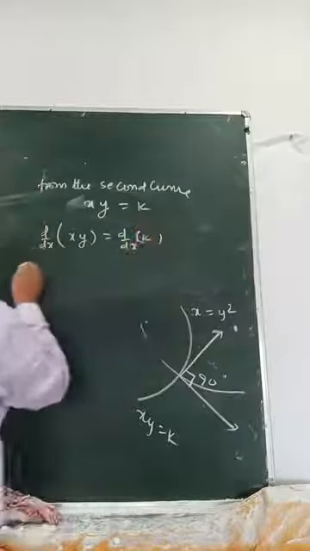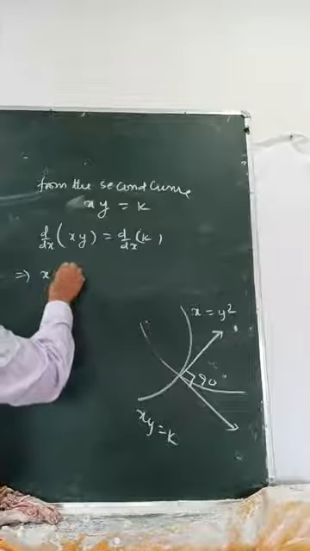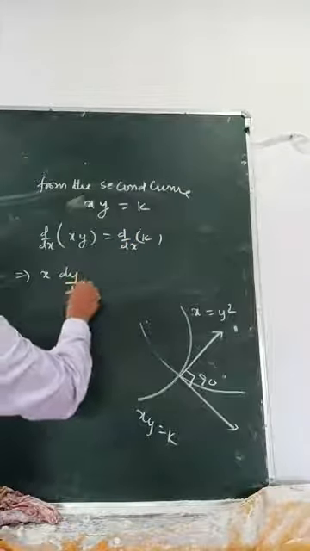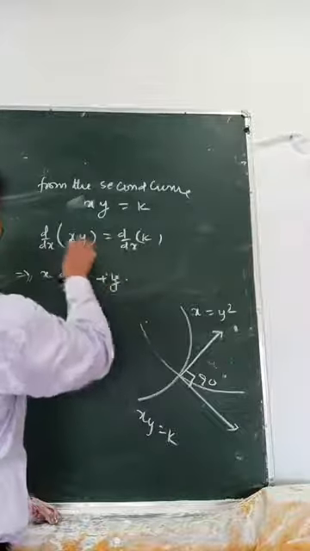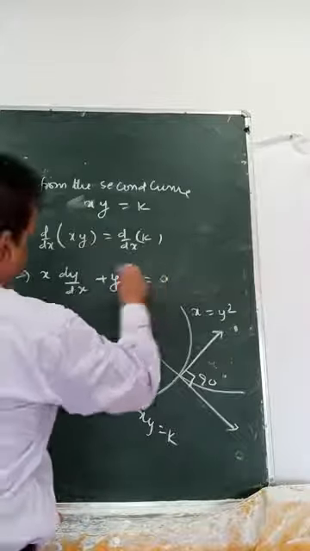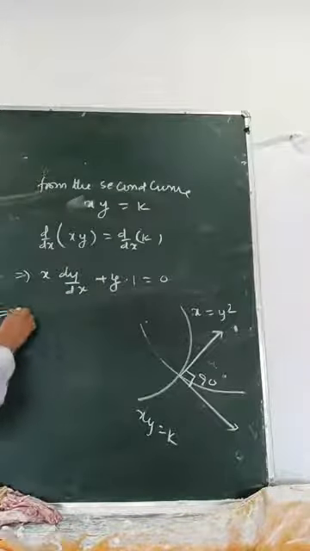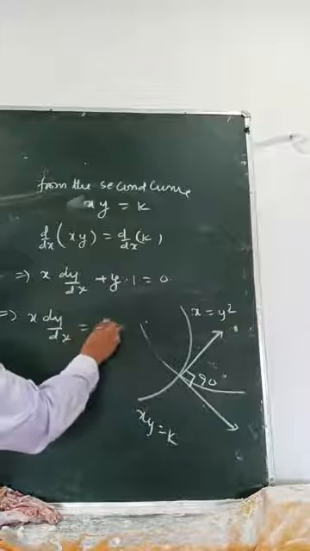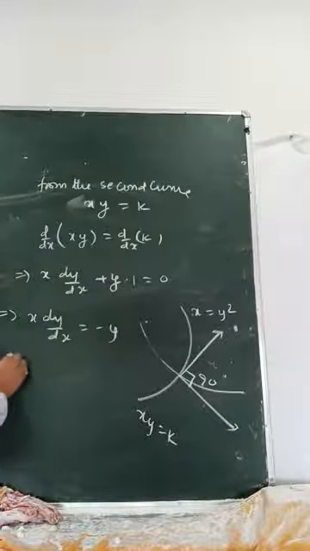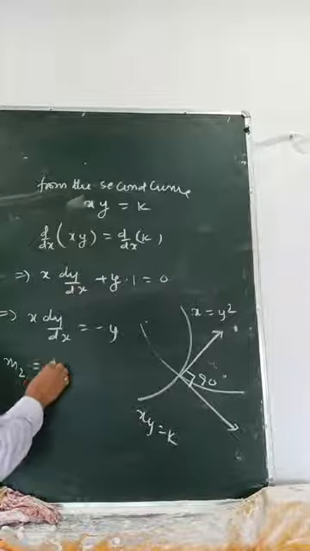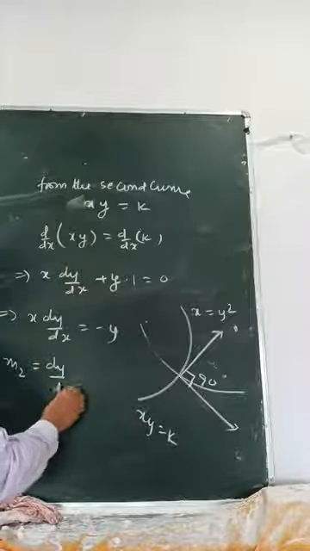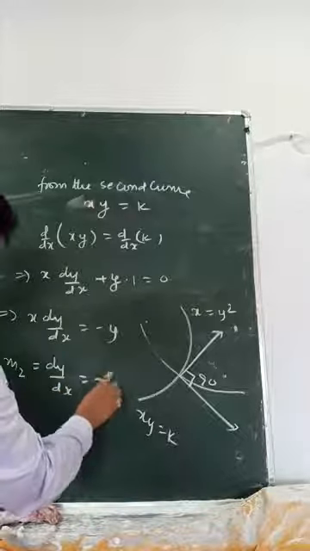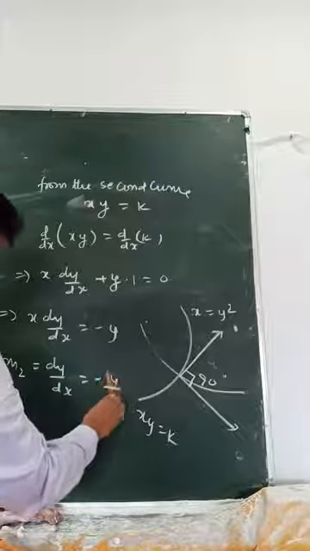First function into derivative of second plus second function into derivative of first equals to 0. x dy by dx equals to minus y. So m2, which is dy by dx, equals to minus y by x. Okay.